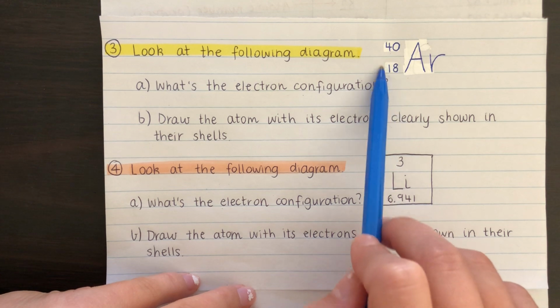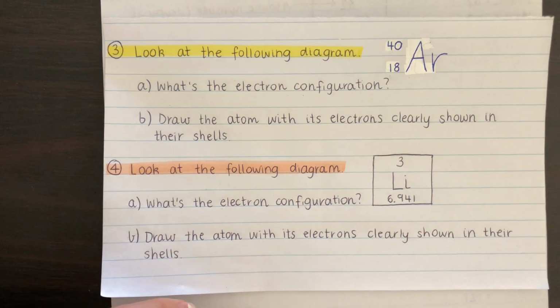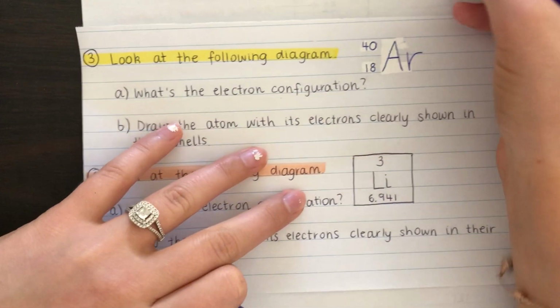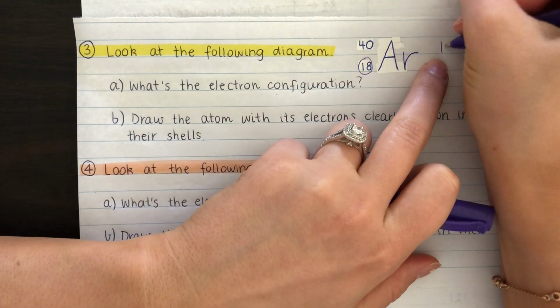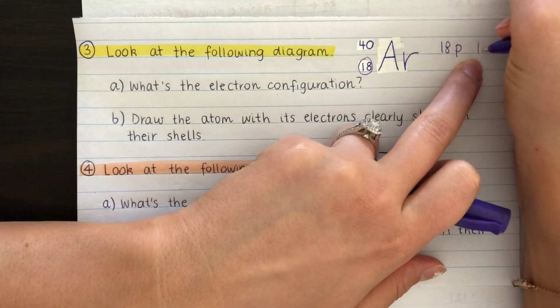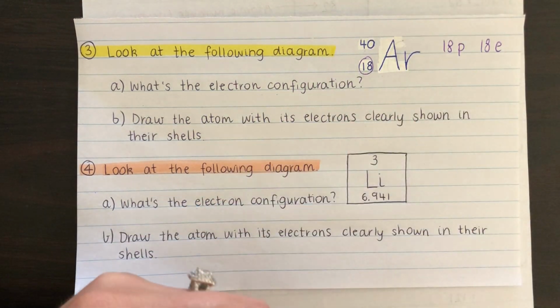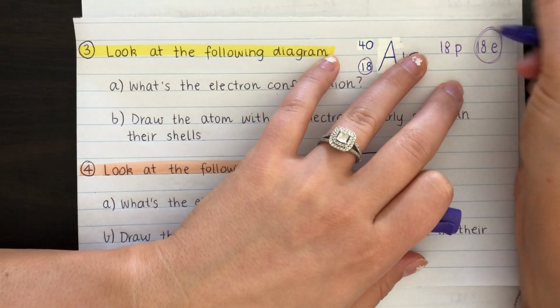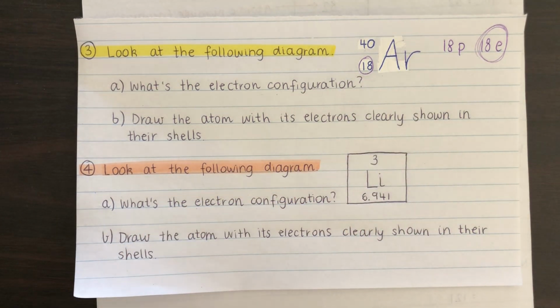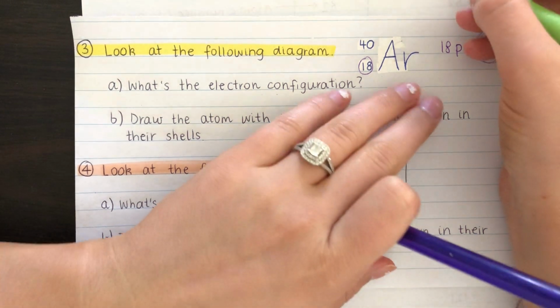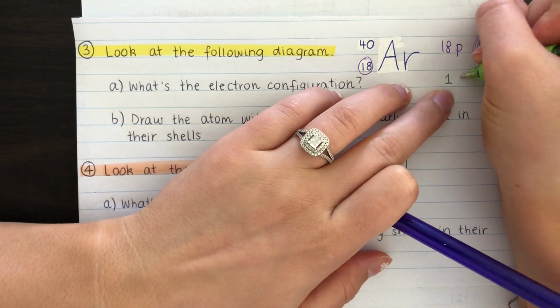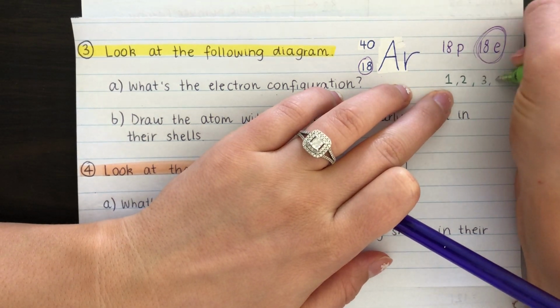Now, the atomic number is 18, which means that it has 18 protons and 18 electrons. So this is the number that we're interested in, 18 electrons. Now I'll just redraw my shells.